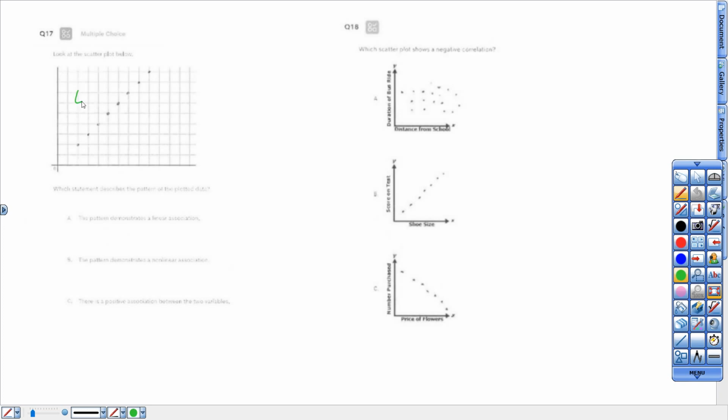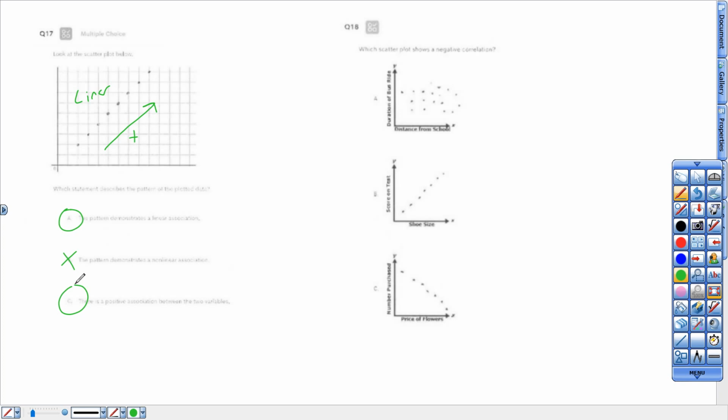It is a straight line, so that would apply. Nonlinear doesn't apply. Positive association, that applies too because they're going uphill. I'm not sure on the test that will be the case, but for this, linear, yes, they are a straight line. Positive uphill, yes. All right, next problem there.